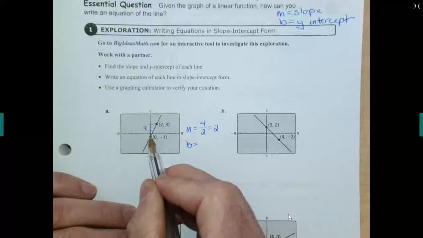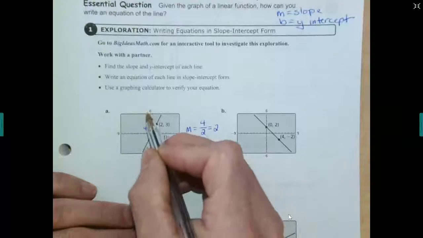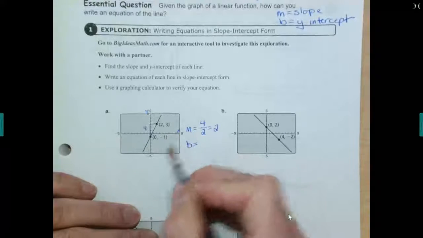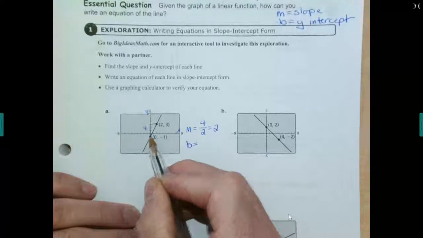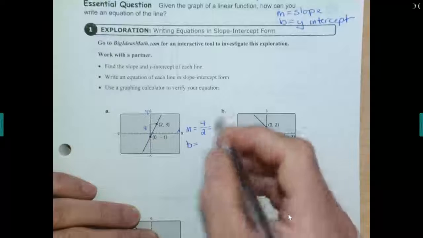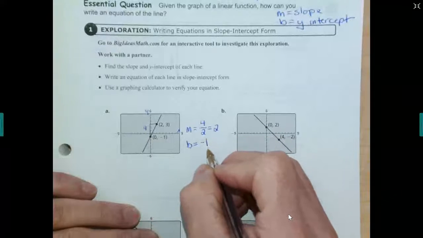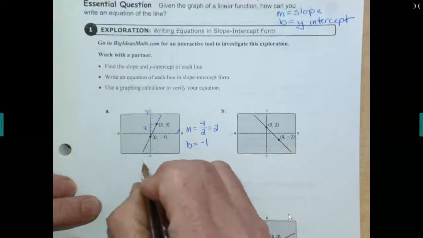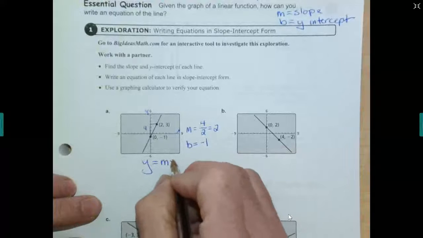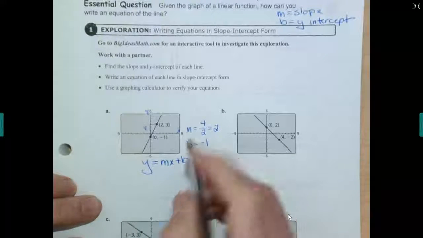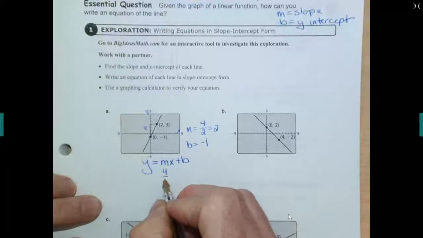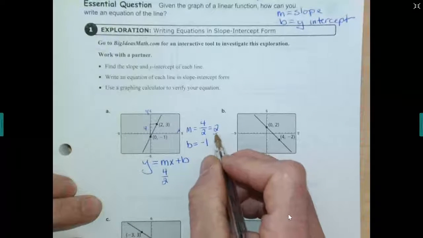Now what's our y-intercept? Well, it's where our line crosses the y-axis. So we're at 0, negative 1. So our y-intercept is negative 1. So if I have y equals mx plus b, I plug in my m. So I get 4 over 2. Oops, I'm sorry, we simplified it to 2.